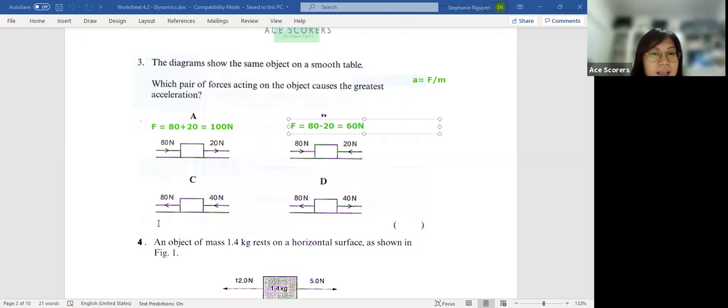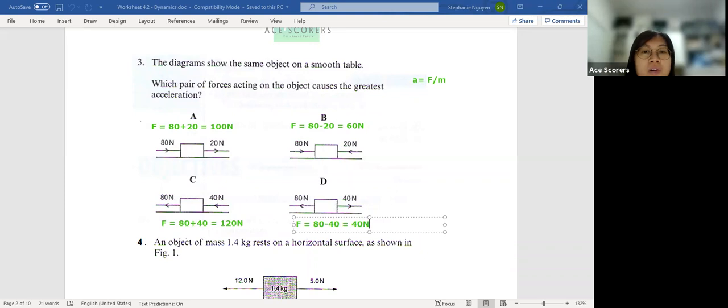Then option C, since they are the same direction, you just add them together. The resultant force will be 80 plus 40, which gets you to 120 Newton. And then this is in the opposite direction, so the resultant force will be 80 minus 40, which gets you to 40 Newton.